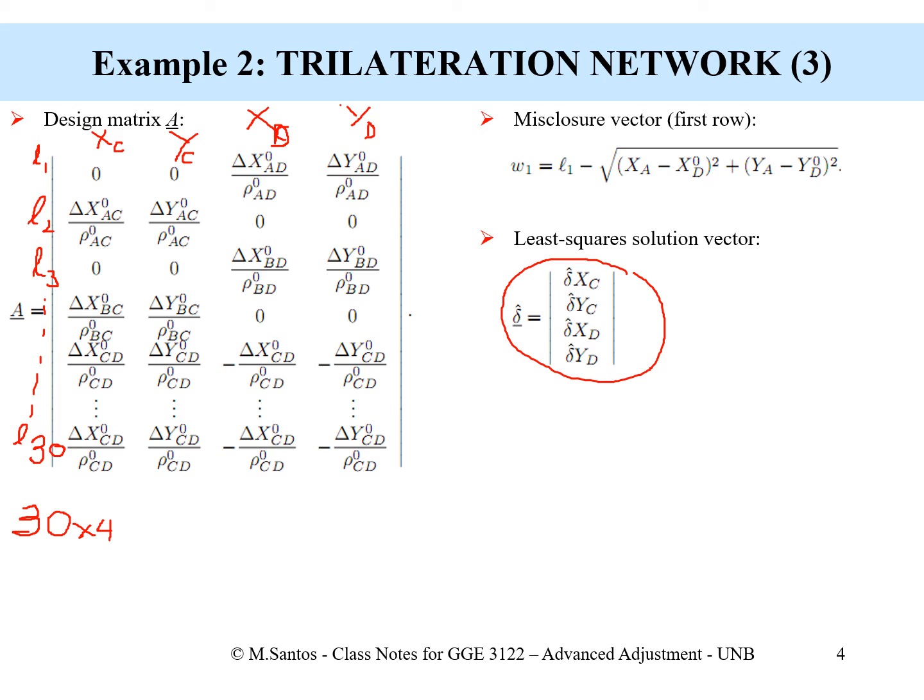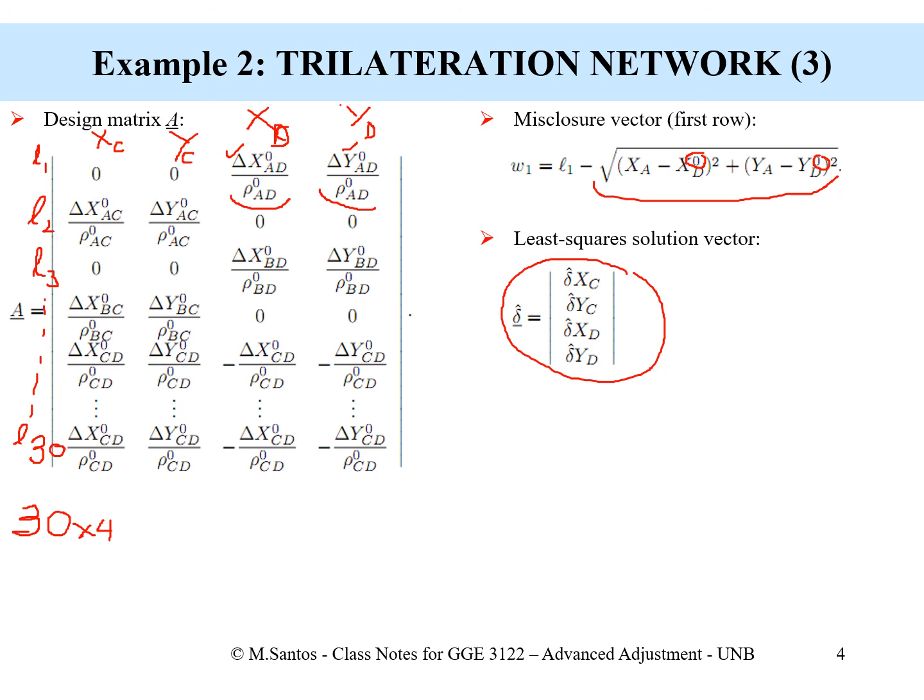The partial derivative of the distance model is always the component delta x or delta y divided by the geometric distance. This is the geometric distance here, and of course, the geometric distance is evaluated by means of the approximate values of the coordinates.